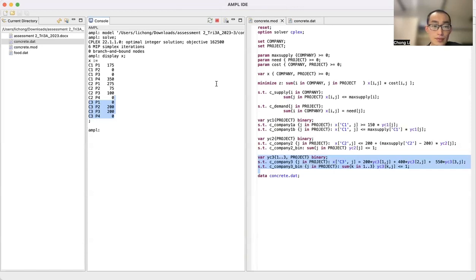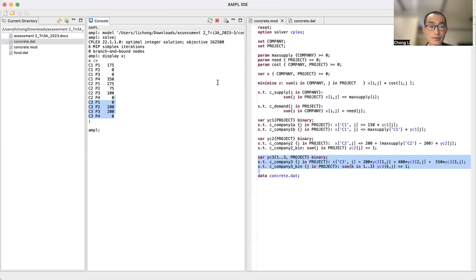Also YC3 1 P3 means company 3 also provides package 1 to that project, which is also 200 units, and it is constrained with X.